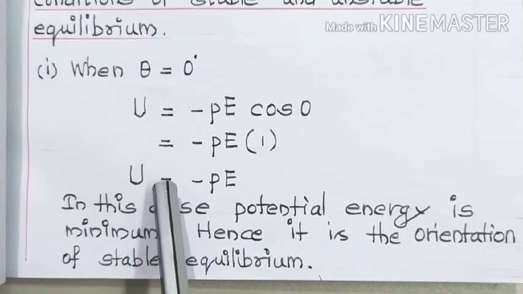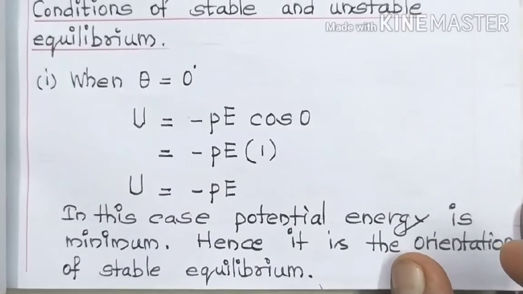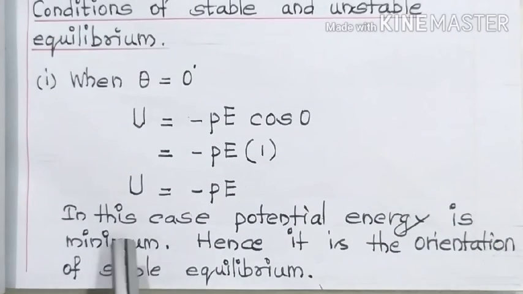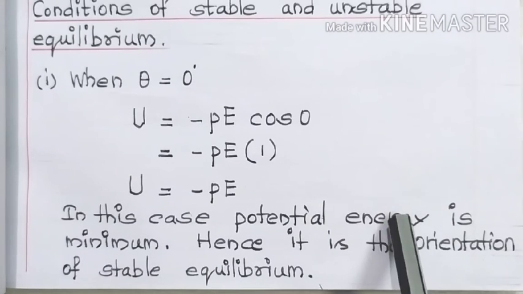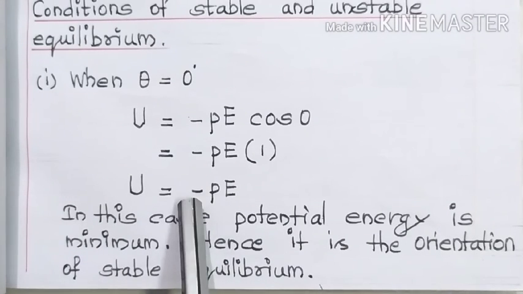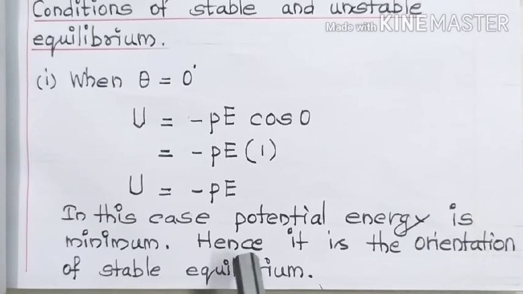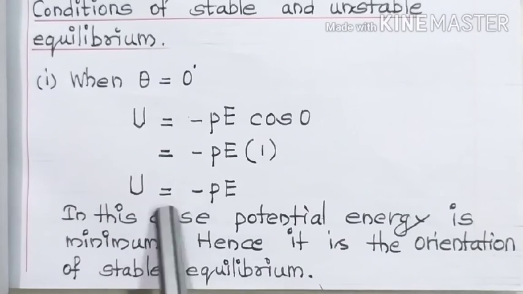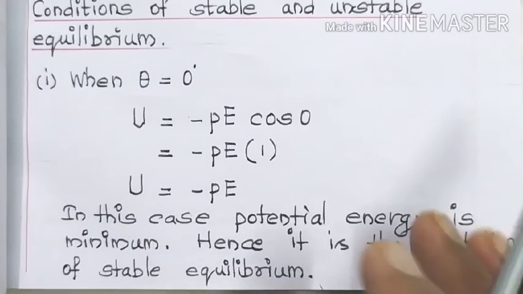So finally we get U is equal to minus PE. In this case, potential energy is minimum because the negative sign has come. Hence, it is the orientation of stable equilibrium. So U is equal to minus PE is the condition for stable equilibrium.